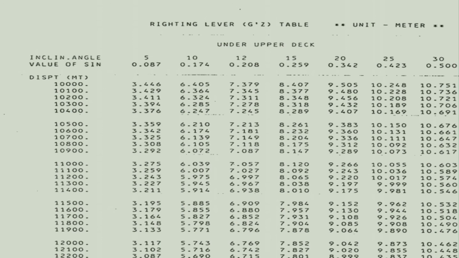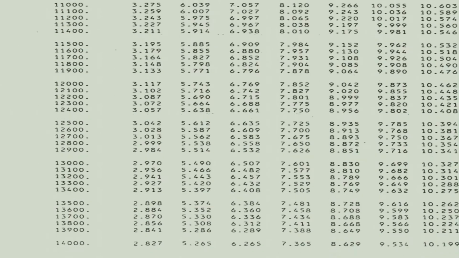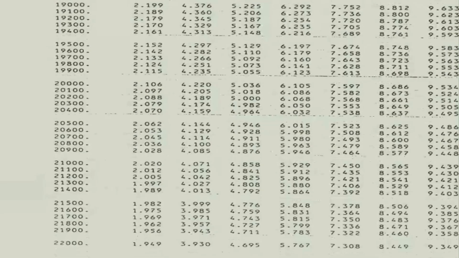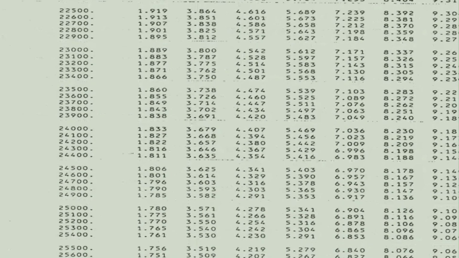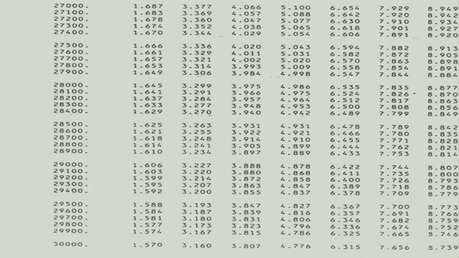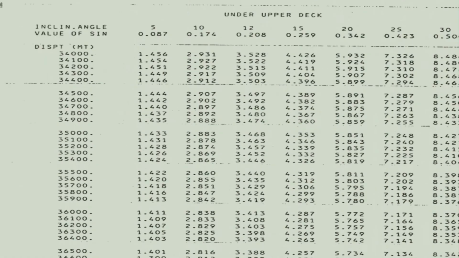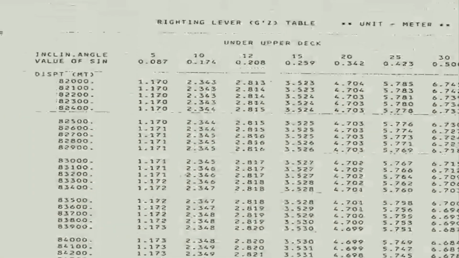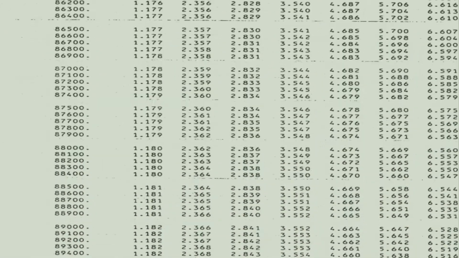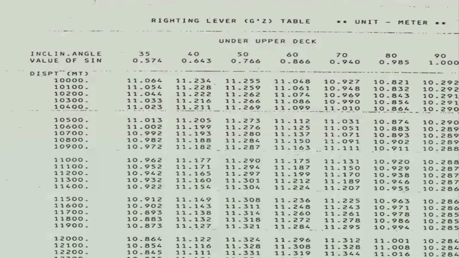Downside, we will find the values from 35 degrees up to 90 degrees. And after applying the correction, we will get the corrected GZ. Yes, here from 35 degrees up to 90 degrees. Is there anything more we need to know in the book?